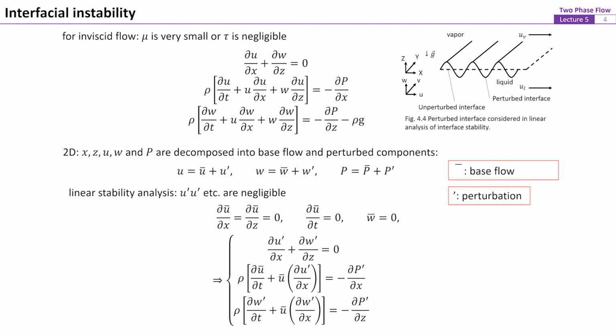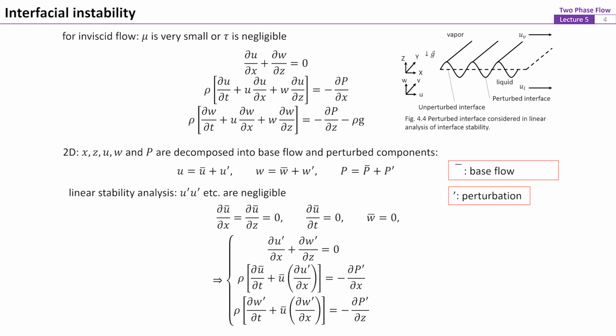Considering the case shown in Figure 4, a vapor or gas phase flows on top of a liquid. The direction of gravity is pointing downwards in the negative z direction on this figure.